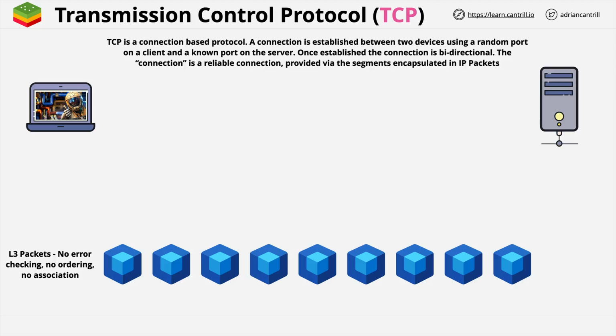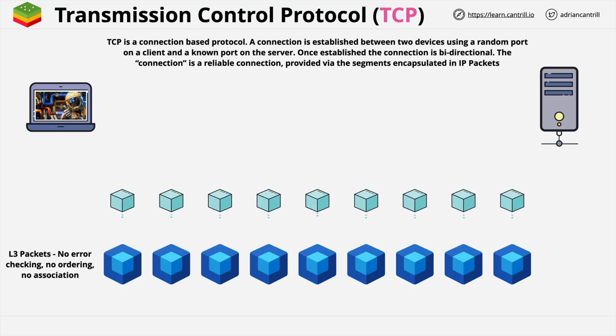Layer 4 takes data provided to it and chops that data up into segments, and these segments are encapsulated into IP packets. These segments contain a sequence number, which means that the order of segments can be maintained. If packets arrive out of order, that's okay because the segments can be reordered.